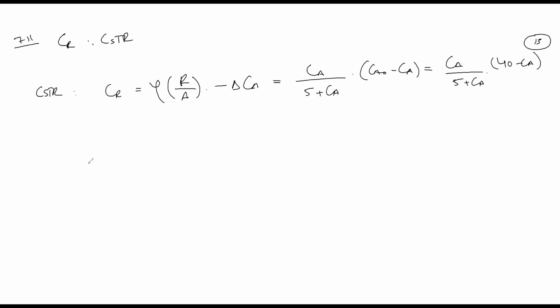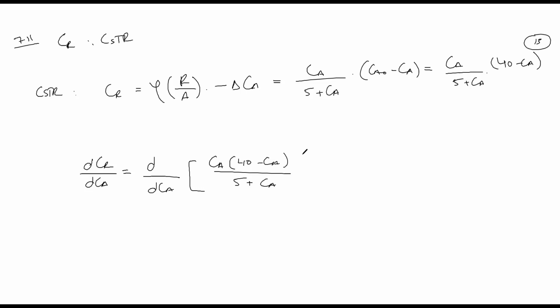So in order to maximize it, I'm going to take dCR by dCA. And as you can see, you're going to get a very nice number. It's going to be the derivative with respect to CA of CA times 40 minus CA, divided by 5 plus CA, right?